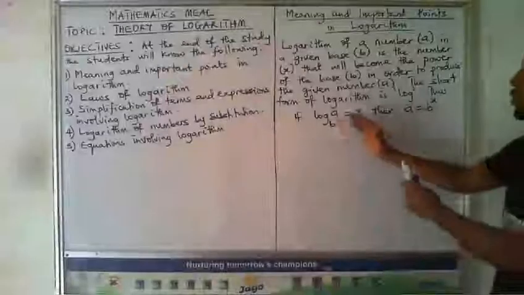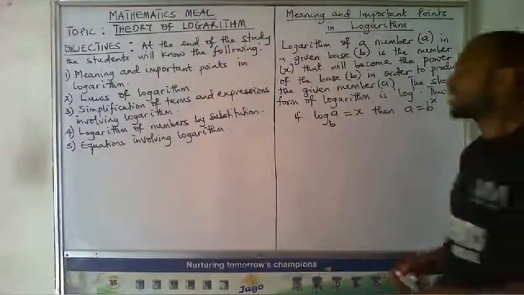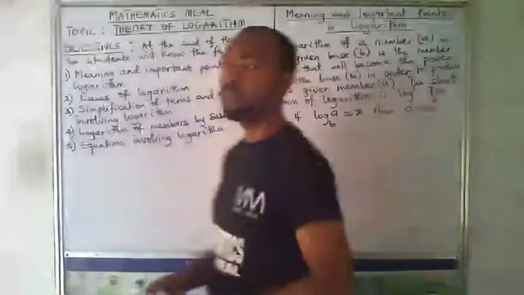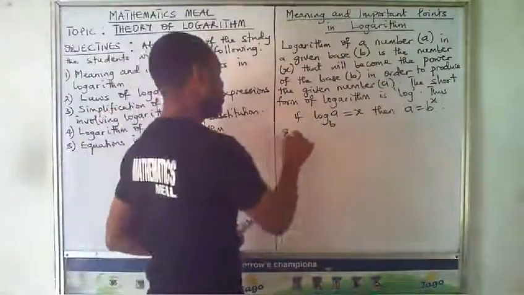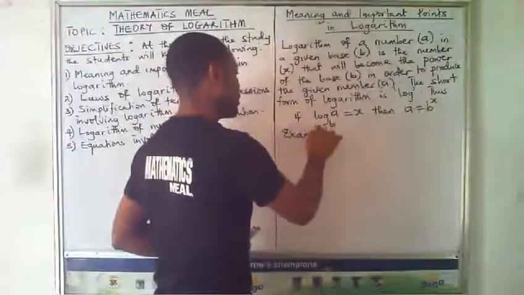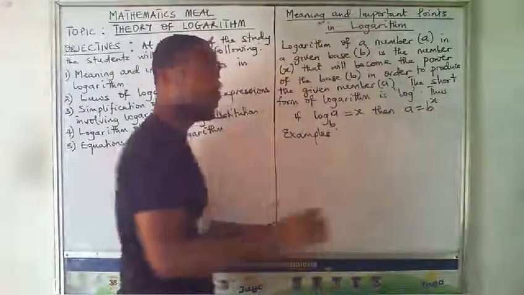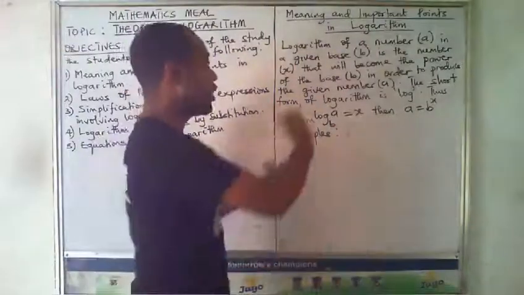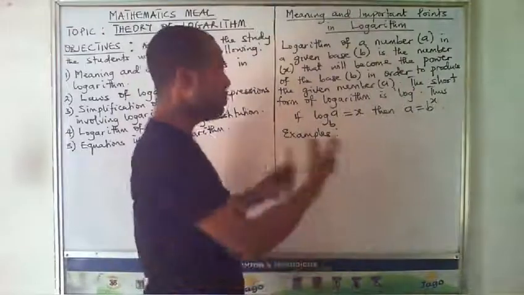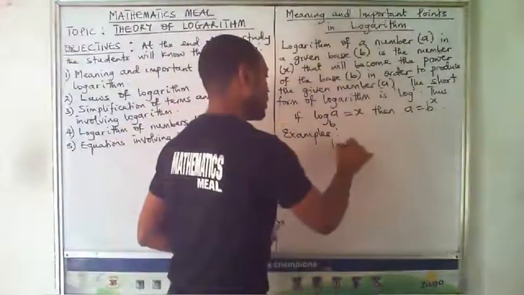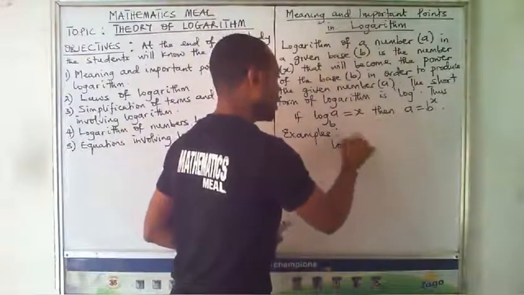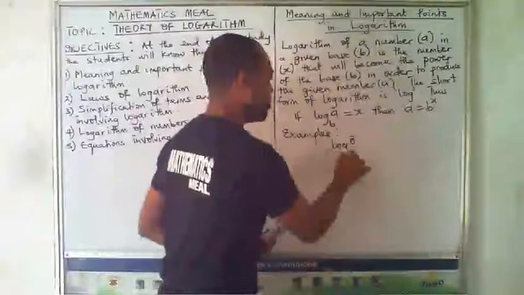Now we'll go further. We have used letters, so we'll use numbers to describe this. We are not solving problems yet, we are just trying to explain the meaning of logarithm. Let's say I have log 8 in base 2.